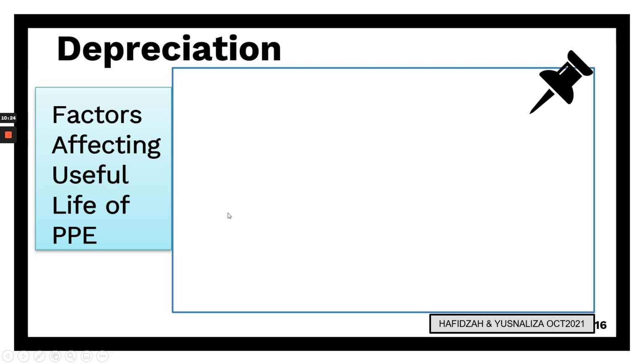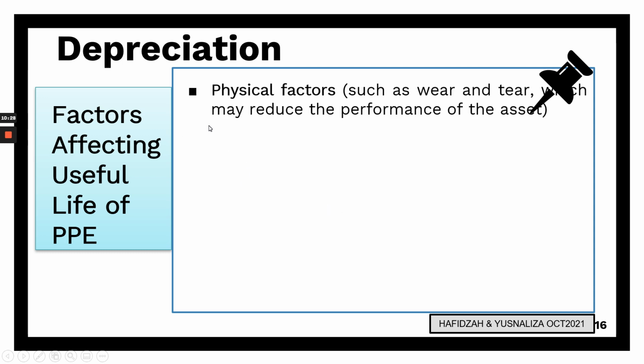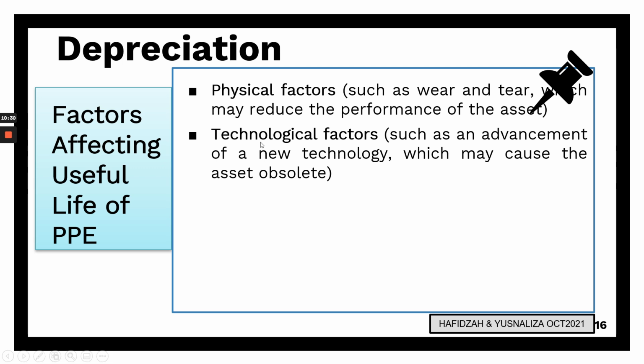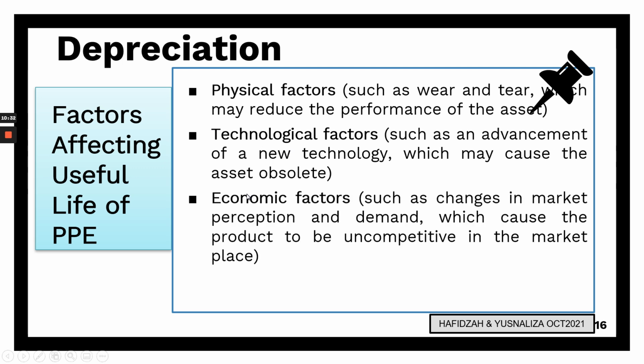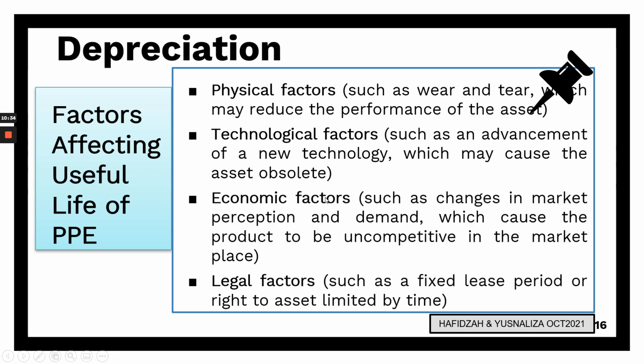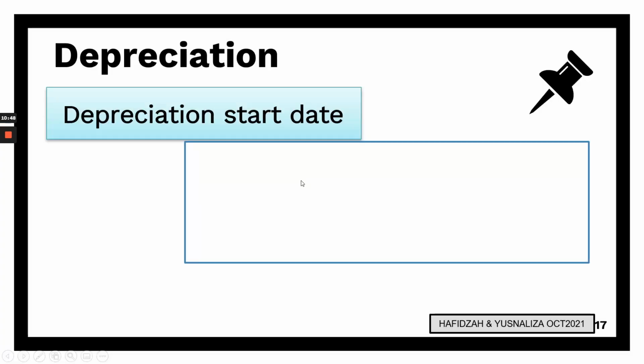And before we look into the method, there are some factors that will affect the useful life. Physical factors, you can read this, technological factors, economic factors, and also legal factors, whether or not there are some rights or limited periods under the policy of a particular country, for example, that can also affect the useful life. Okay, let us look at when the depreciation will start.